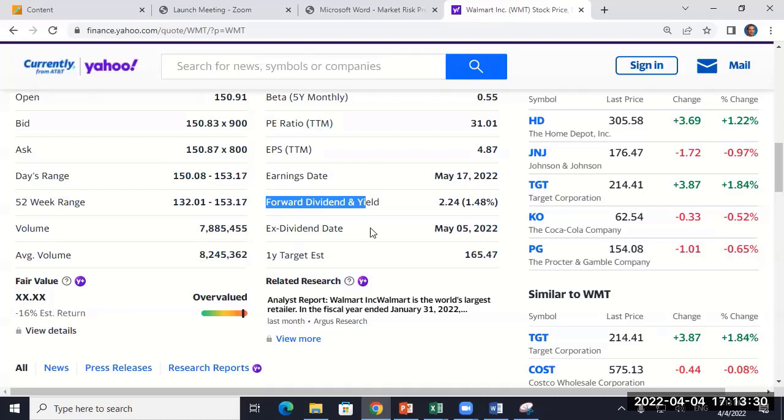Is that dividend 1? No, it's not dividend 1. I want to argue with whoever put this on Yahoo Finance. They took the last dividend multiplied by 4. It's not what people are expecting their dividend to be the next year. They just took that 56 cents times 4. You can see what that is, right? 56 cents times 4 is 2.24. It's a ridiculous number. I don't know why they did that. They used to give you the previous 4 quarters, and they stopped doing that for some reason.